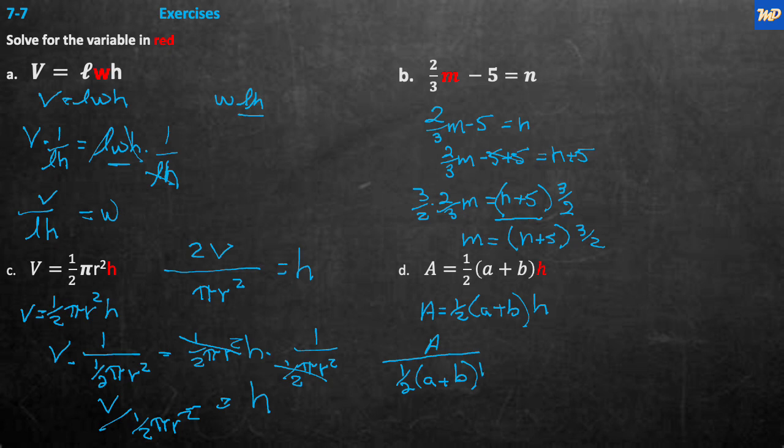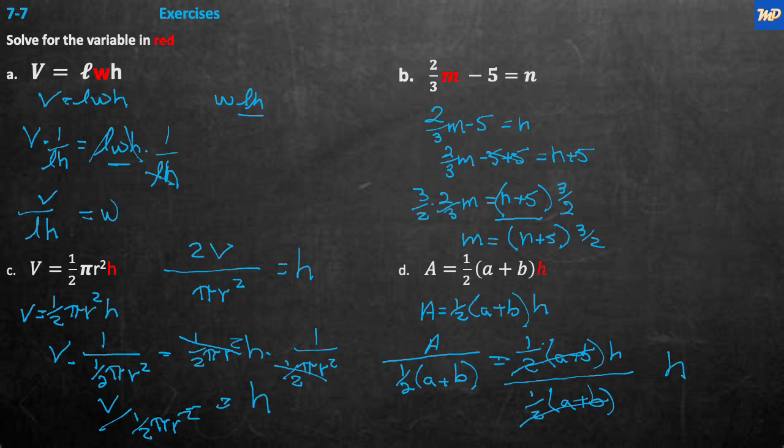Oh, no, not times H. I did that last time too. Sorry about that. Is equal to 1/2 the quantity A plus B times H divided by 1/2 A plus B. So these half A plus B's cancel each other out, and you're left with the H over here.